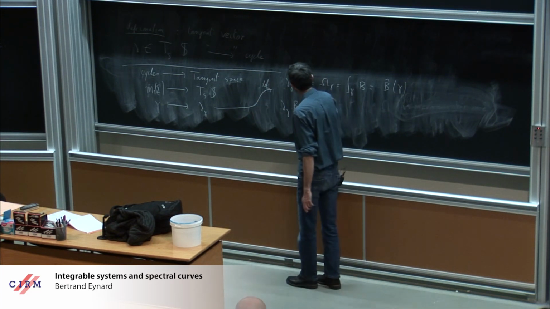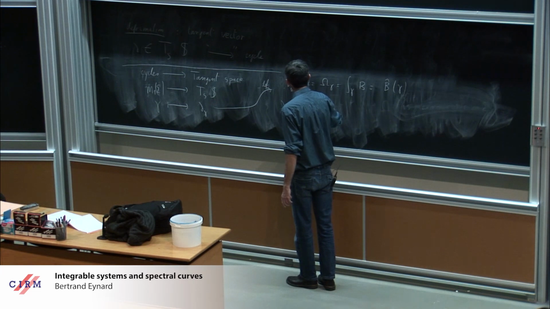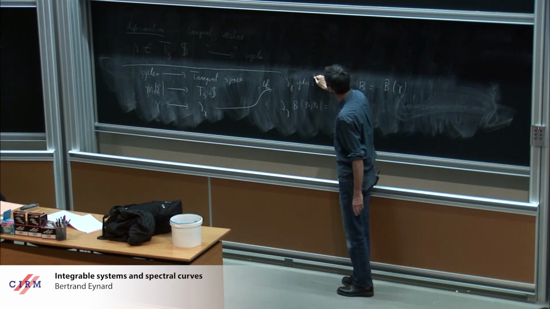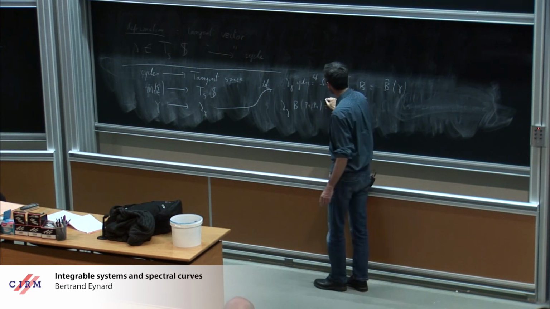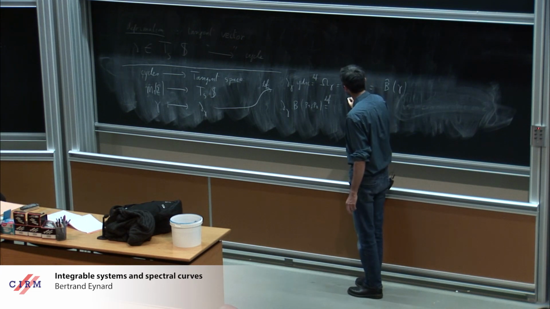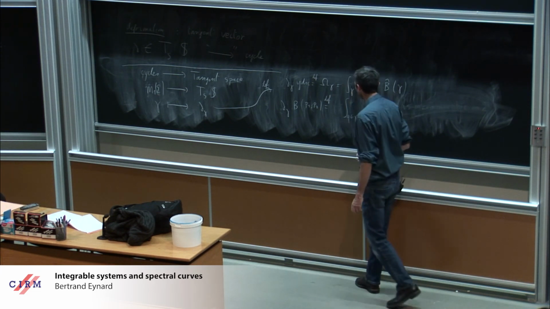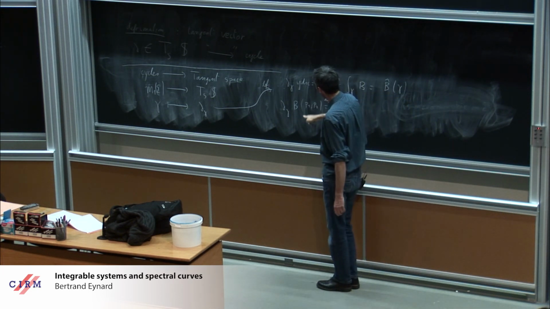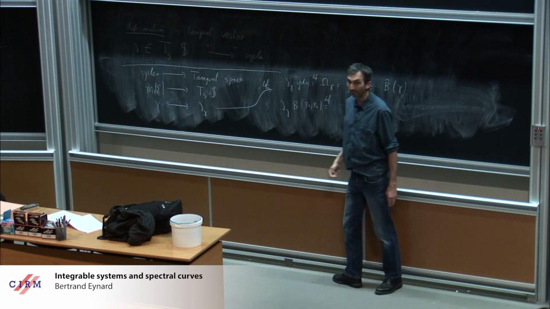So remember, b was a function of 2 points, b, p1, p2. So by definition of what is d gamma, this will be an integral over, let's say, a point q belonging to gamma of a certain form. It must be a one form in the variable that we integrate.